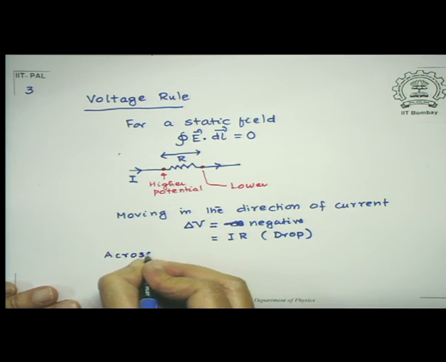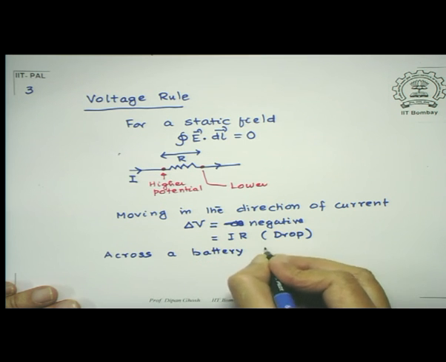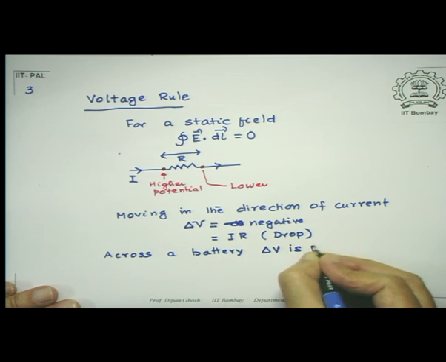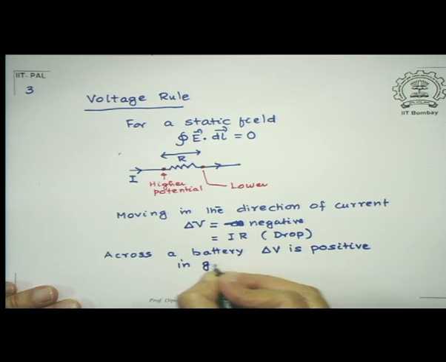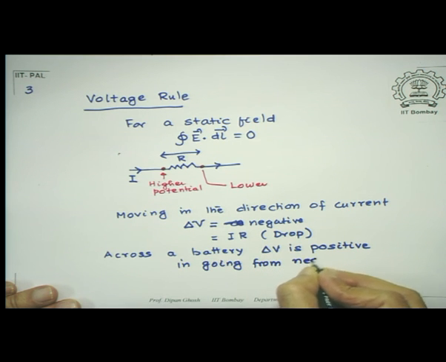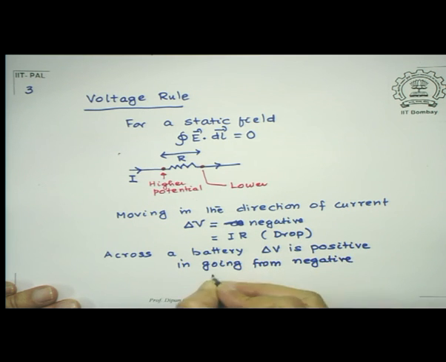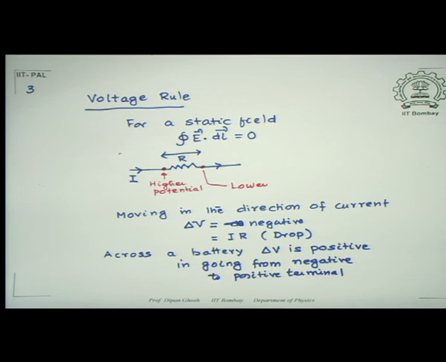So therefore, across a battery, delta V is positive, namely the potential rises in going from the negative terminal to the positive terminal. So these are the 2 points you need to remember.